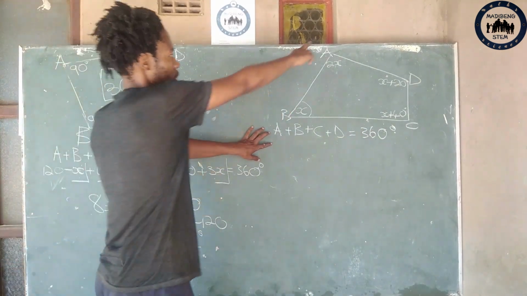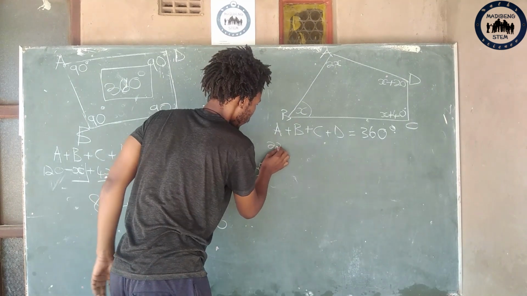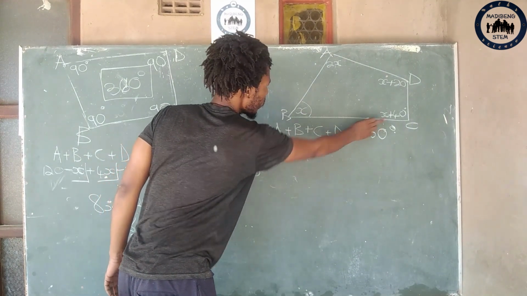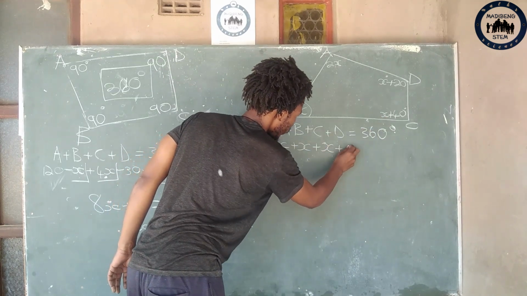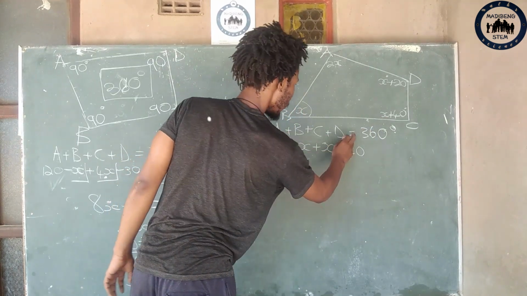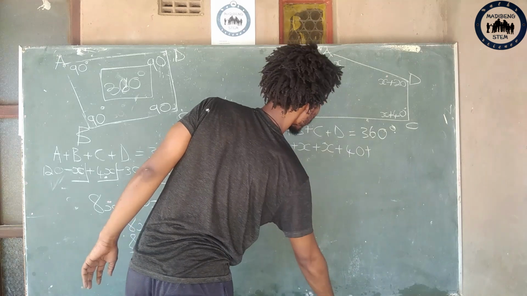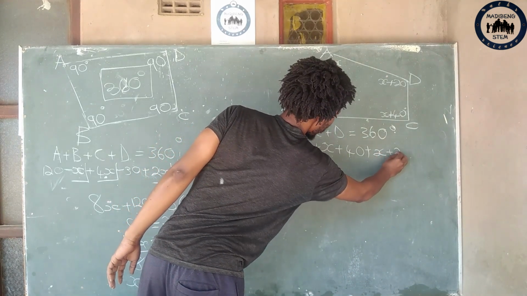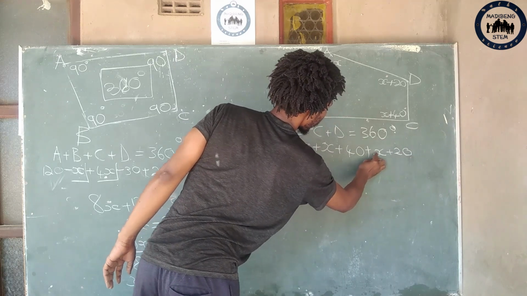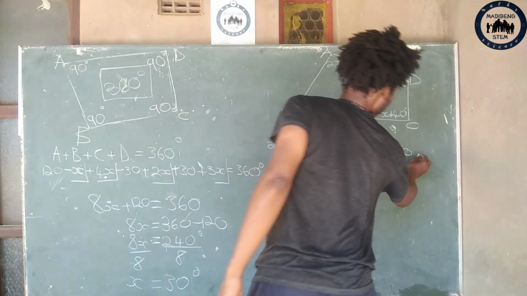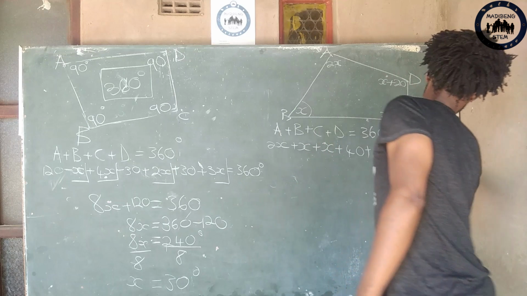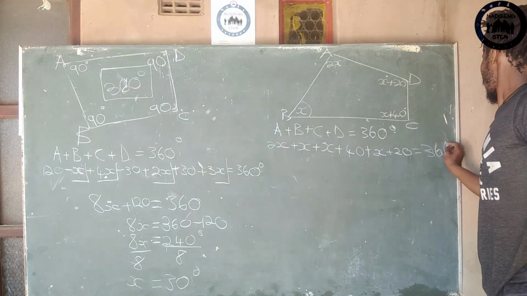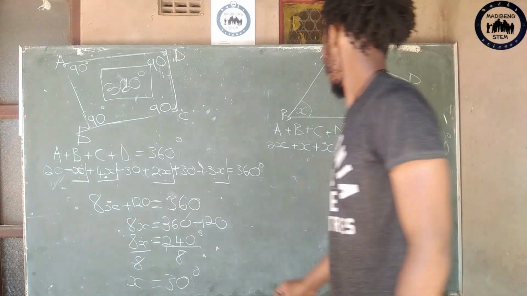So A is 2x, plus B is x, plus C is x plus 40, plus D is x plus 20, is equal to 360 degrees.